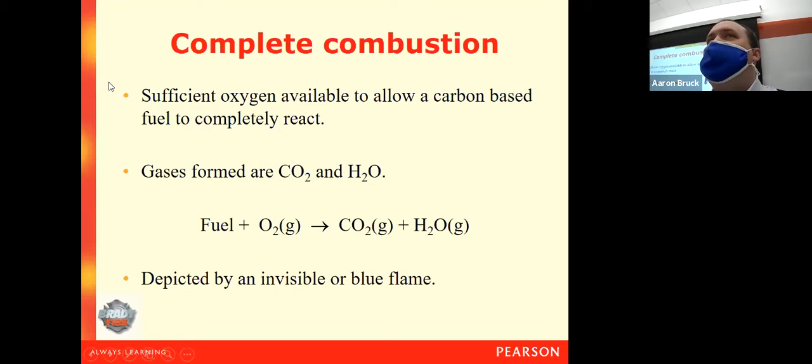And similar kinds of things happen in your engine. Most of the combustion in your engine is complete. Otherwise, you'd start to see carbon scoring and other kinds of funk building up in your engine as it was burning up the gasoline or the diesel. So your car has a lot of mechanisms inside of it designed to aid in the completeness of that combustion.